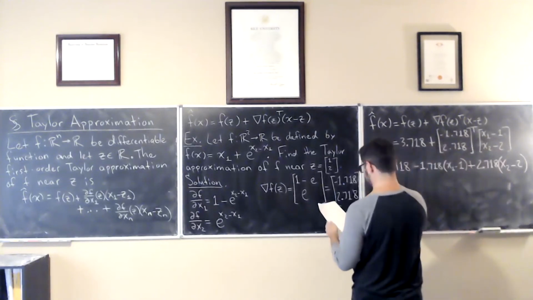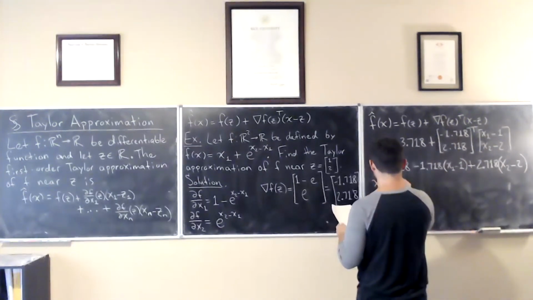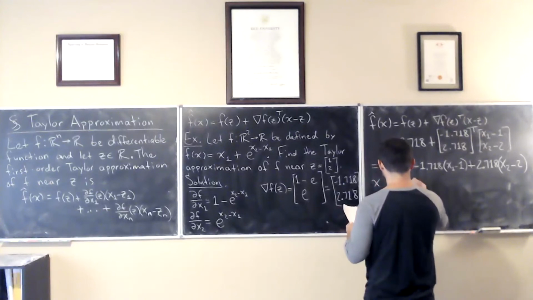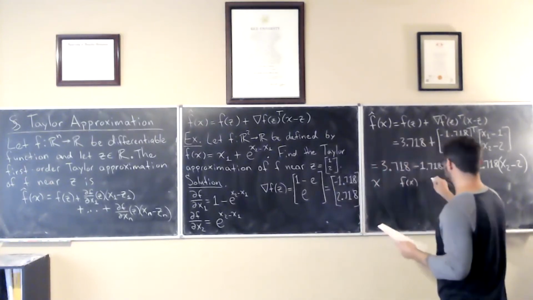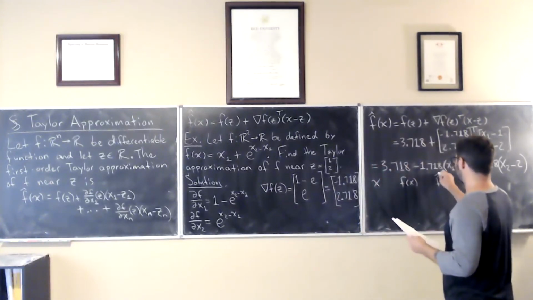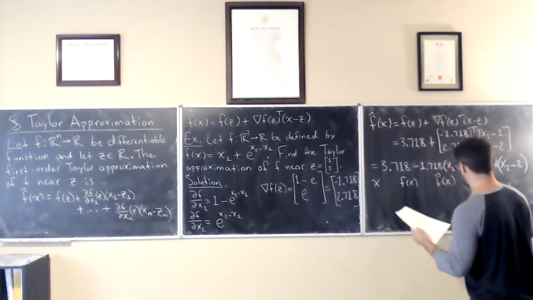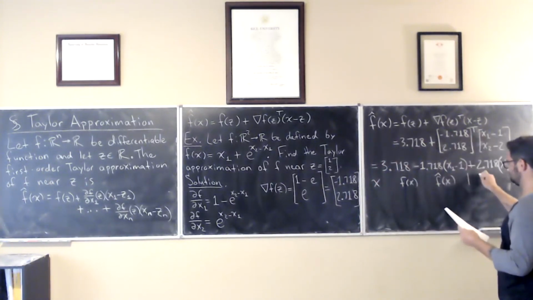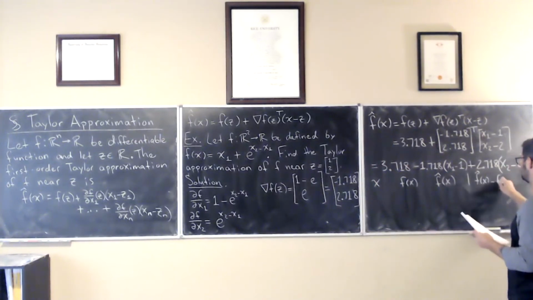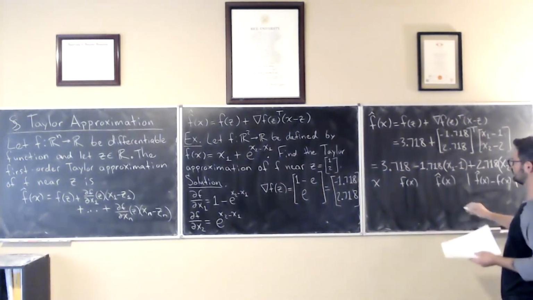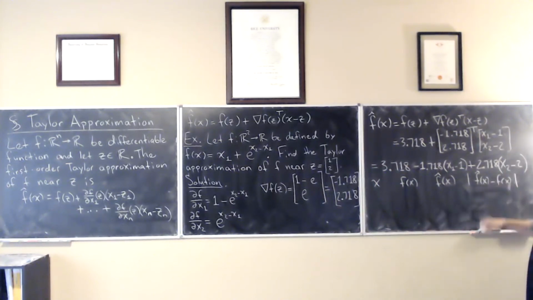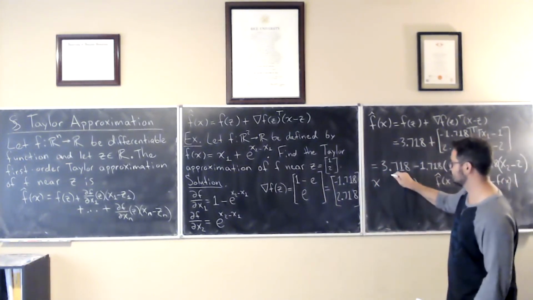I'll just put down 3 entries. X, the true value, our model, and the error. So f hat of x minus f of x in absolute value. So that's how far off our approximation was.